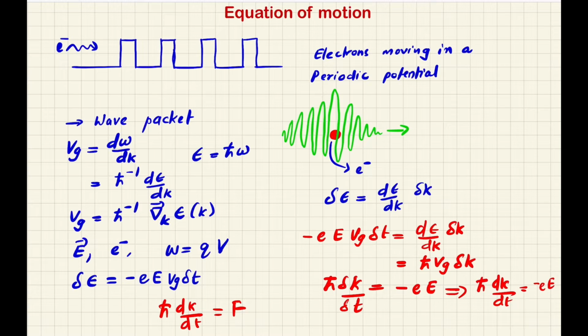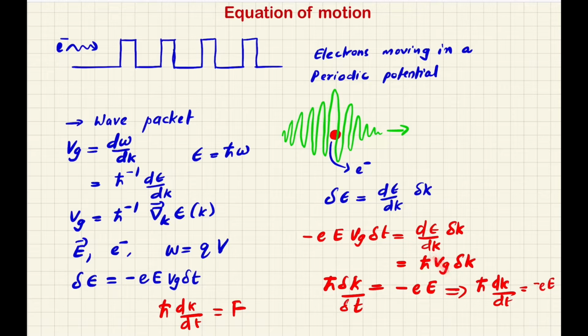Now this variation in energy you can also write as d epsilon by dk delta k. So this is the variation in energy due to a small variation in k. Now you compare these two expressions, and here also you can substitute d epsilon by dk as h cross Vg from the earlier expression.